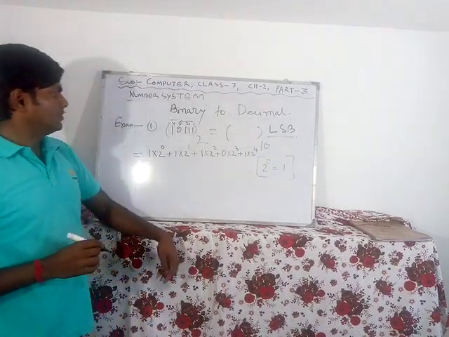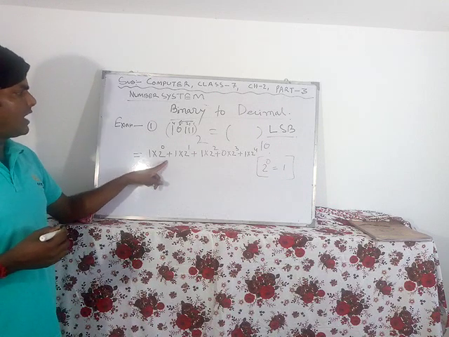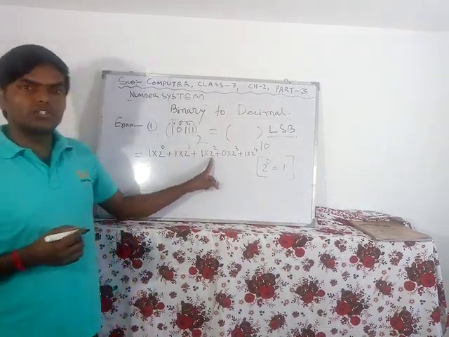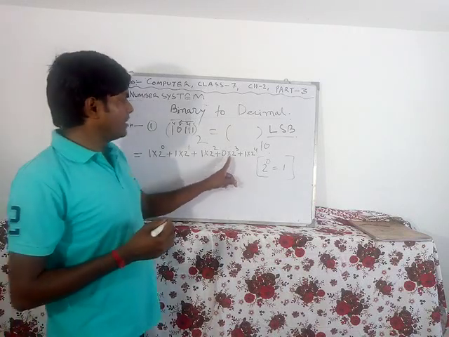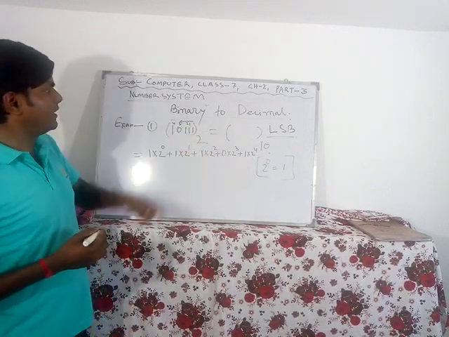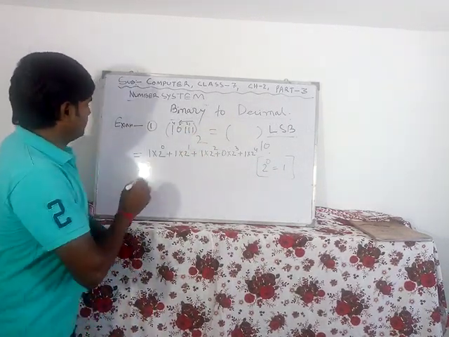This is the first line. Again, I am explaining: 1 into 2 power 0 plus 1 into 2 power 1 plus 1 into 2 power 2 plus 0 into 2 power 3 plus 1 into 2 power 4. You see that the power is counting in LSB mode. Clear? So, next line.